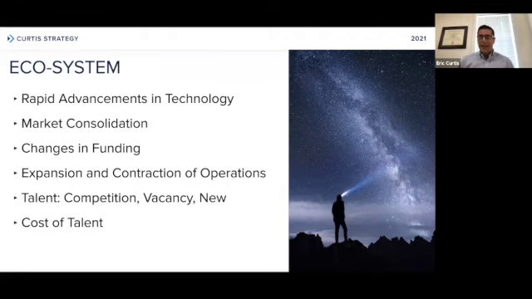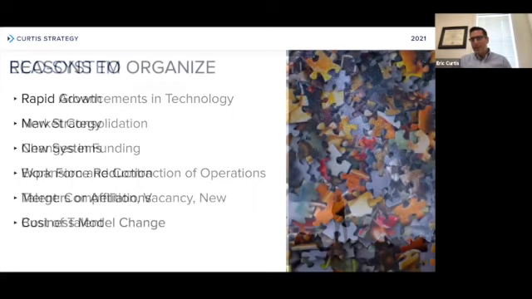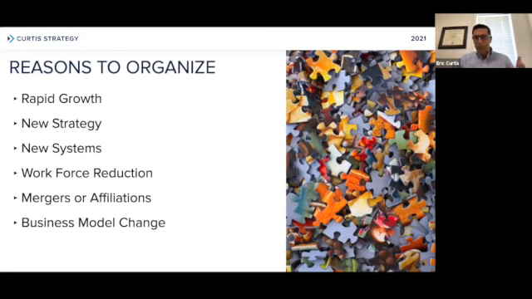And then the cost of talent is definitely on the rise, and the more sophisticated levels of talent you need, the higher costs that those are bringing. And so this ecosystem is creating a need to organize or restructure. And we always look at role clarity as a way to do that.